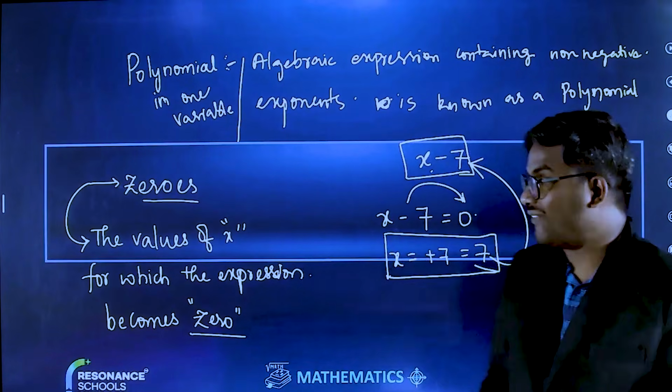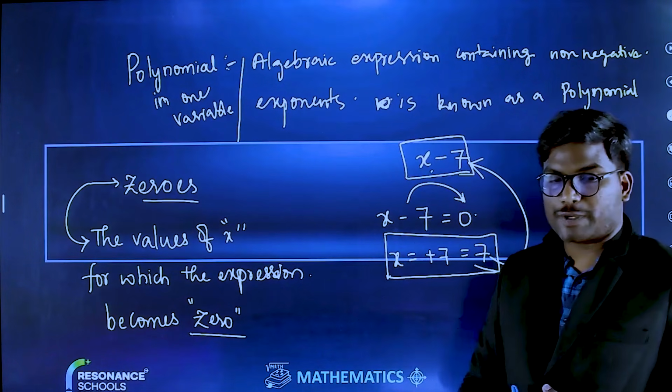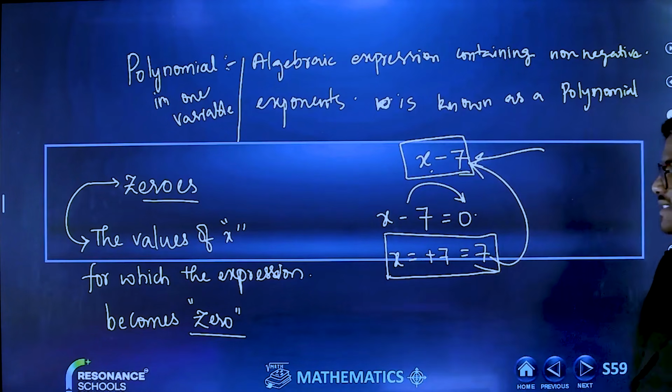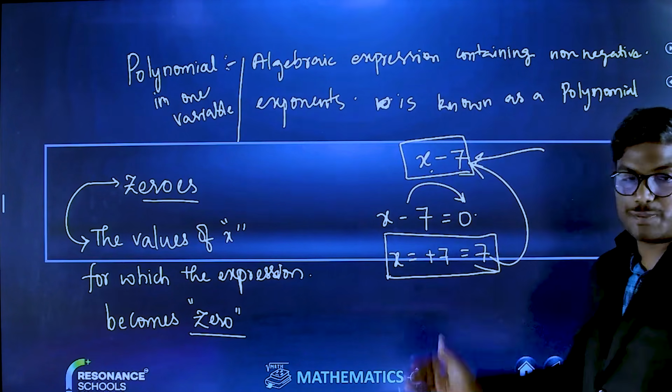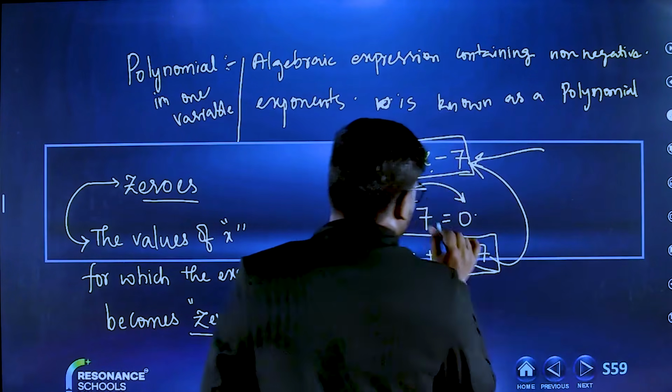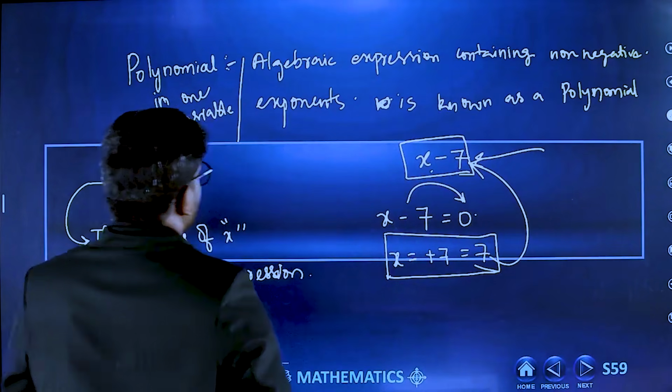My expression was x minus 7 and it becomes 0 at x equal to 7, which is why x equal to 7 was the zero of this polynomial.